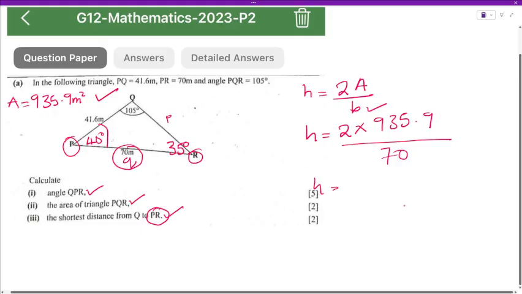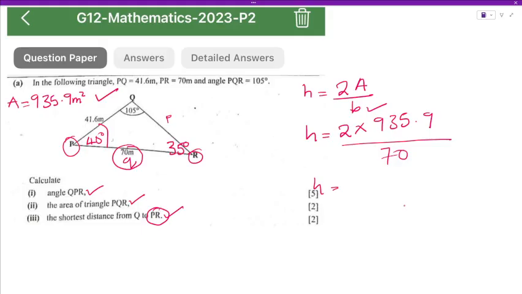Then I say divided by 70. That gives me 26.74. So the height is therefore 26.74. What units are they using? They're using meters in the question, so I'll say meters. And we are done.